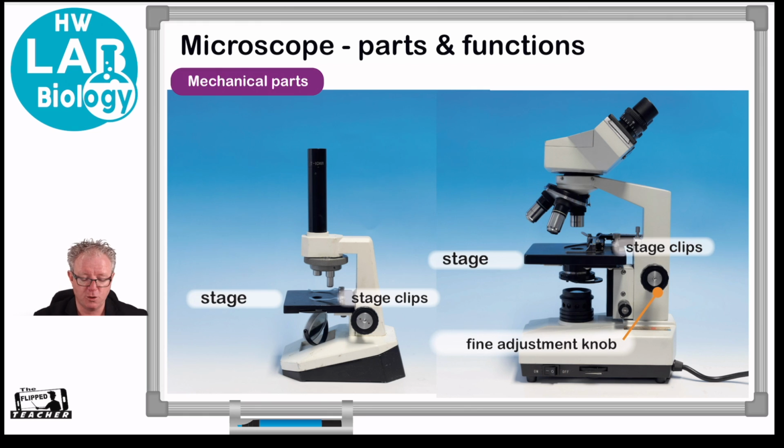You can imagine that if you're looking through here and you move with your hand, that's going to be a massive movement when you look through the microscope. So this is more precise. And we've talked about the fine adjustment knob, which is actually that one there. So that's mislabeled, that's the coarse one. All right, the fine one is just there.